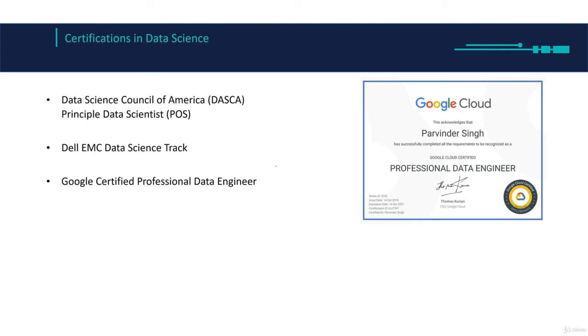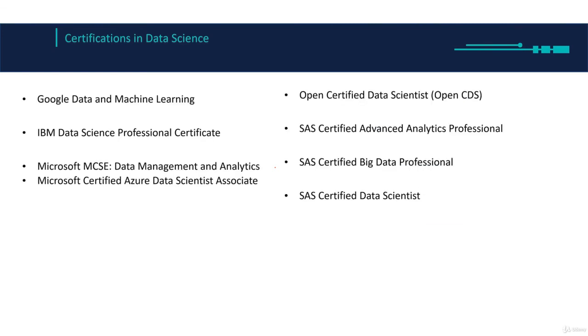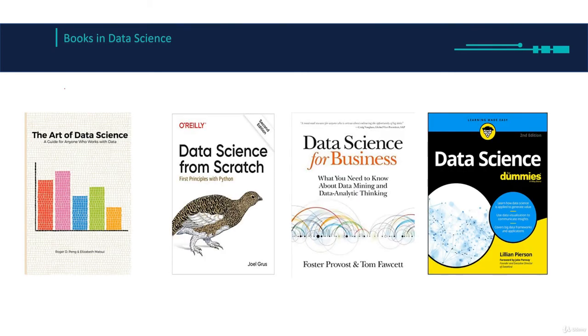So choose whatever you like and check them in detail. I just mentioned one of the best certifications in the field of data science, and these are the best books that I have used in order to learn.